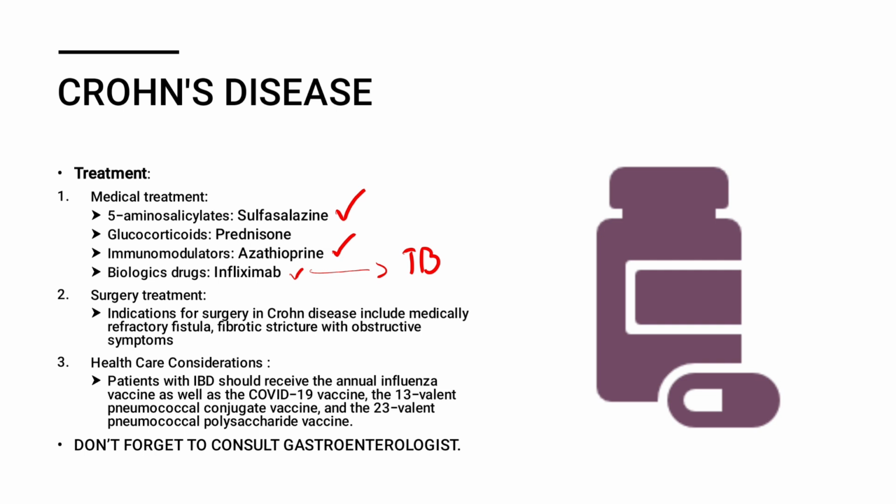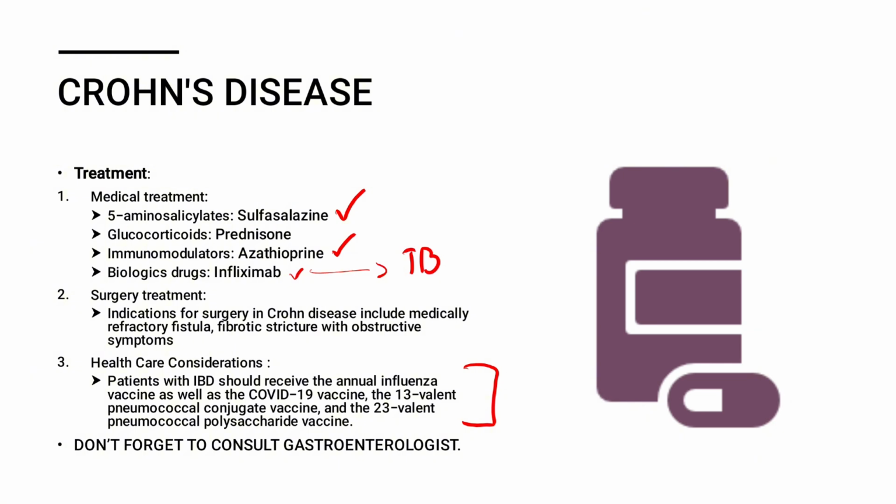And the last point, the healthcare consideration, is important. We need to give vaccines to patients with Crohn's disease, because they are susceptible to getting infected every time. So we need to vaccinate them as we're dealing with an immunocompromised-like patient.